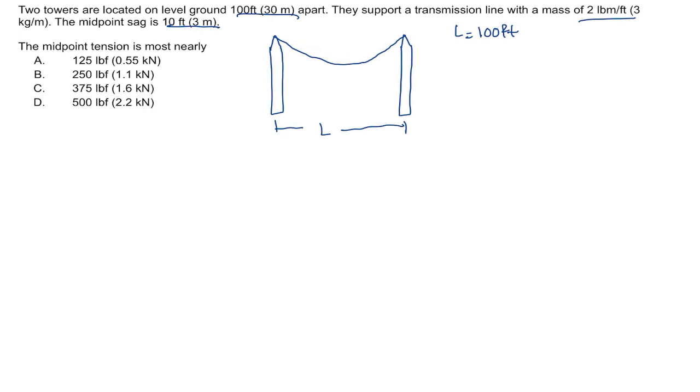So this one has a distributed load on it. The distributed load is going to be acting downward on the cable, and that is downward this way. And that's going to have a distributed load of 2 pounds of mass per foot.